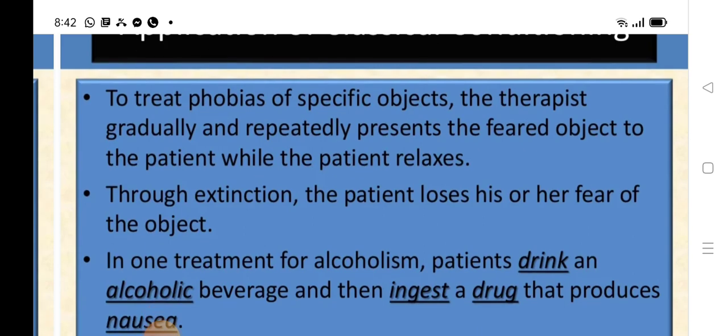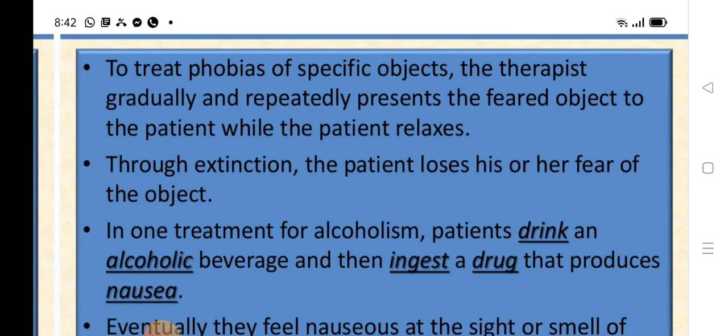To treat phobias of specific objects, the therapist gradually and repeatedly presents the feared object to the patient while the patient relaxes. Through extinction, the patient loses his or her fear of the object. In one treatment for alcoholism, patients drink an alcoholic beverage and then ingest a drug that produces nausea.